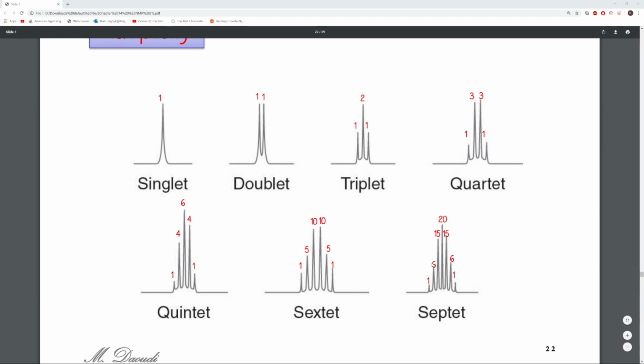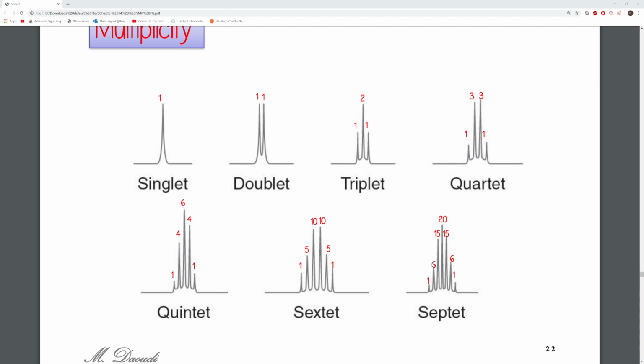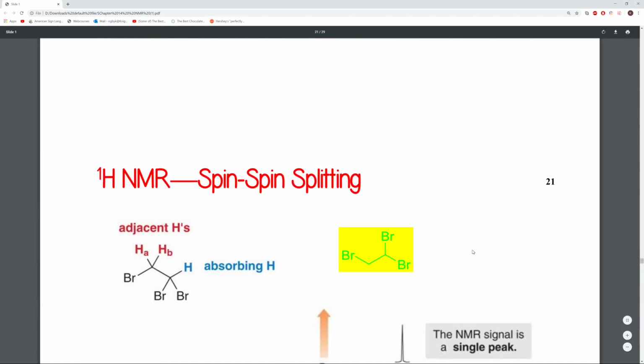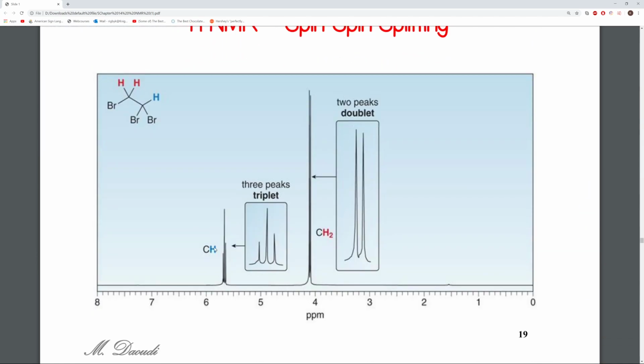Yes, there's a question in the chat. So it doesn't matter how many hydrogens are on the carbon, just the adjacent hydrogens plus one. Exactly. Let me scroll back up. So for example, if instead of being a CH, the CH was a CH2, it would still be split into a triplet.